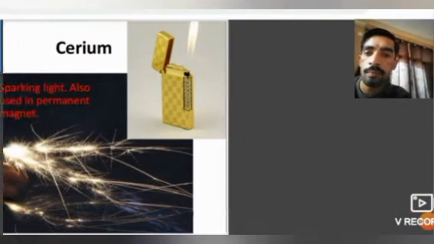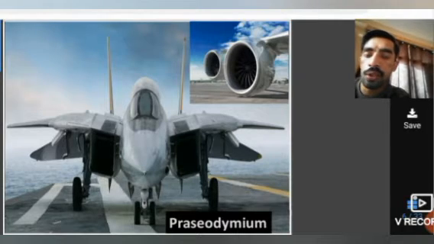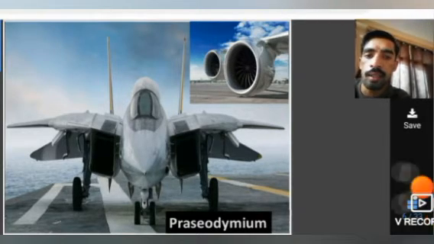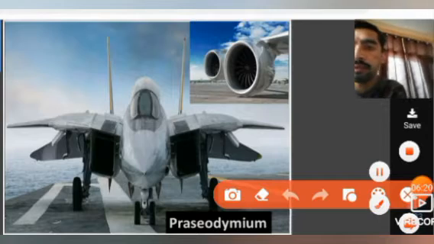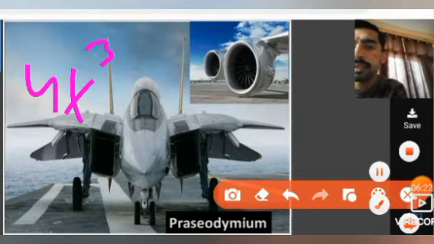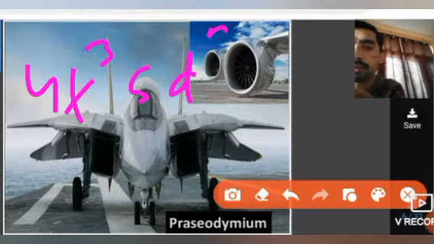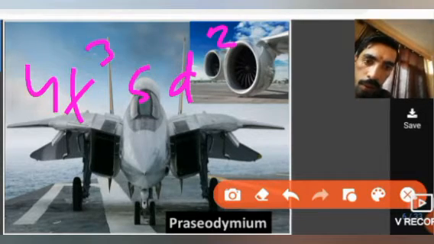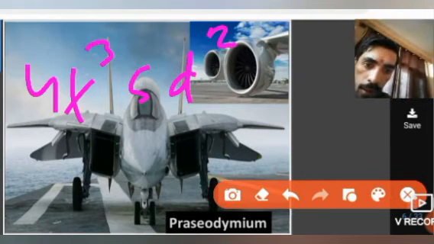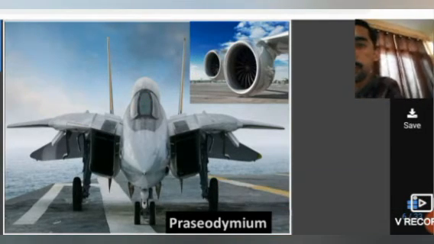So next is praseodymium. Its configuration, if I say, is 4f3 5d1 6s2.